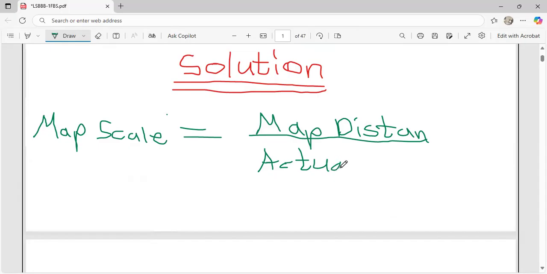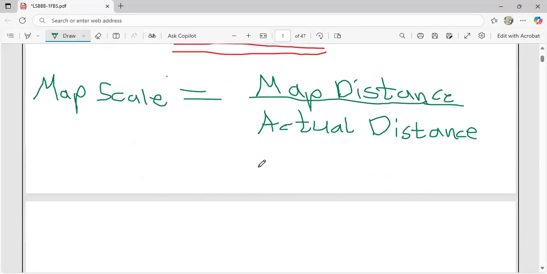But in this case, we can also say that the actual distance in some cases can also be denoted as the ground distance. Okay, so don't get confused with that at all.